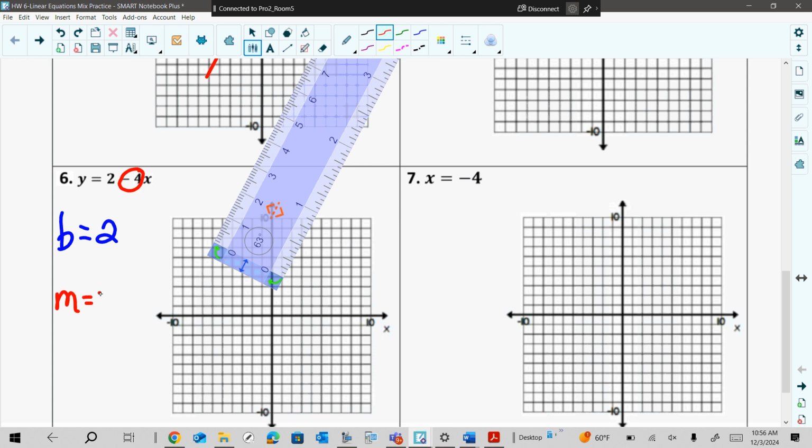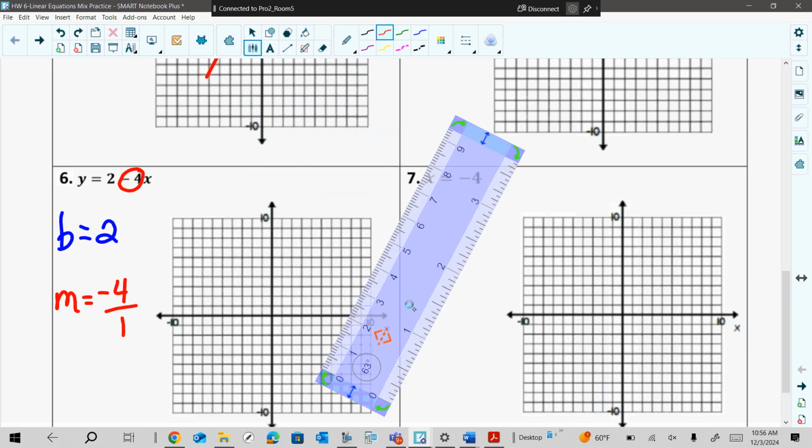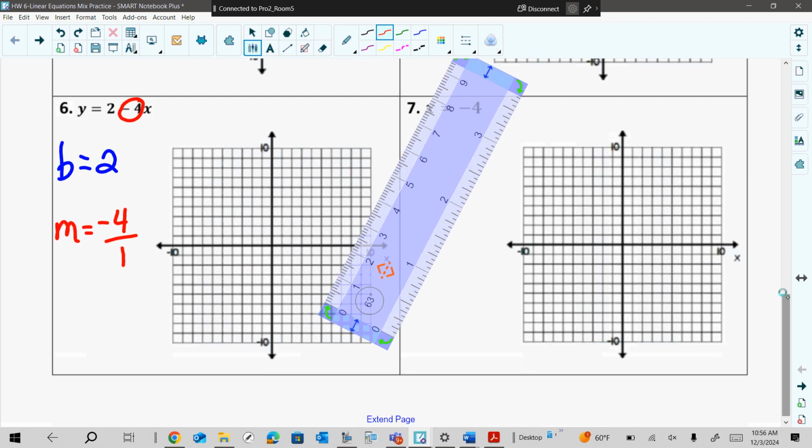So our m is -4/1. We start on the y-axis, counting up 2 and plotting a point there. Now we're going to move from that point, going down and to the right. So we count down 4, and then to the right 1.